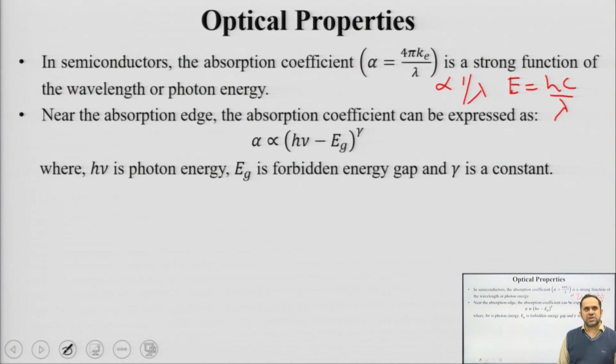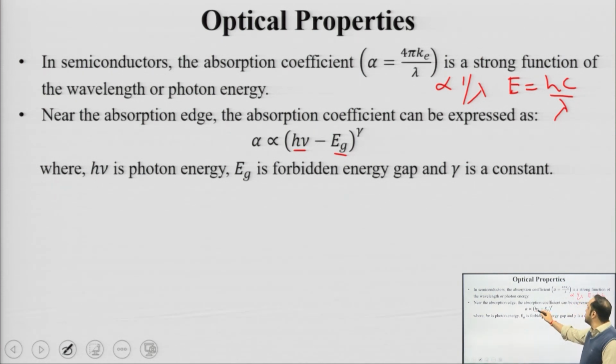Near the absorption edge, from the point of view of the distance, you can consider this as the start of your semiconducting material, the point at which the light starts to become incident. Okay. The absorption coefficient is proportional to h nu, the incident energy, minus the energy band gap. Okay. So, you need at least a minimum level of incident energy so that you can have some kind of generation taking place, right.